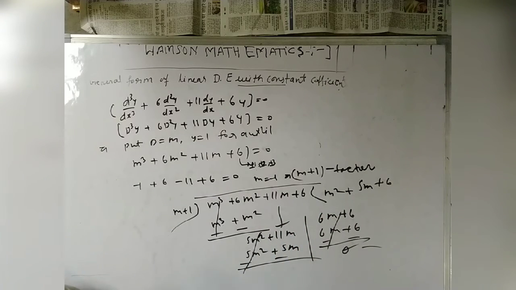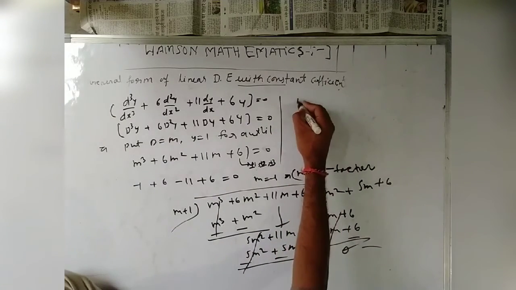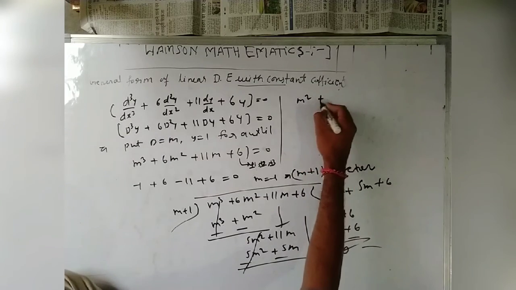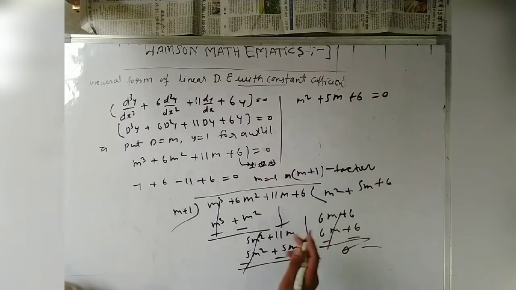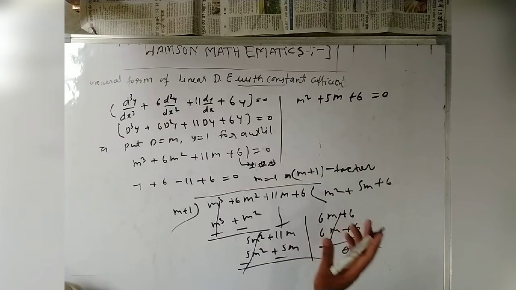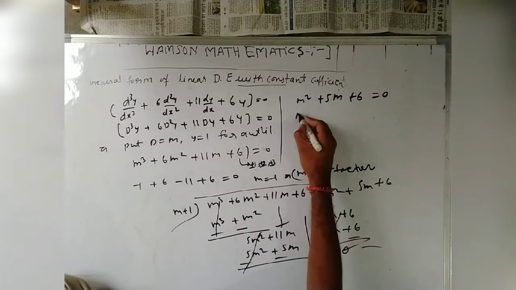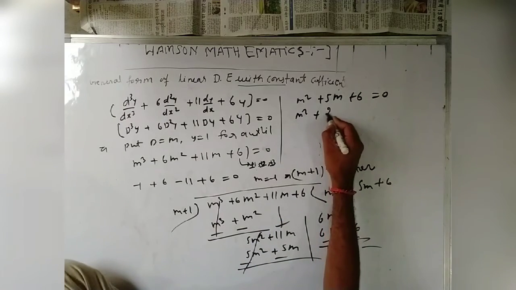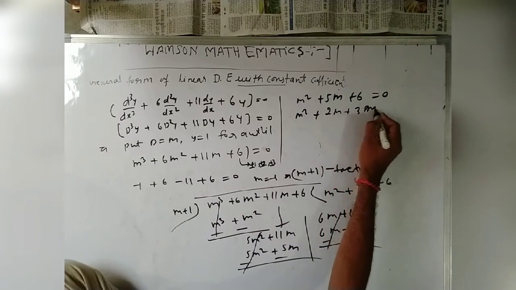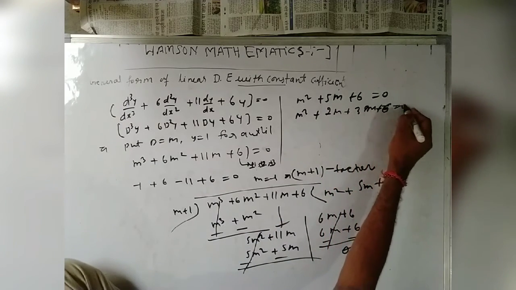So what will we get here: m square plus 5m plus 6 is equal to 0. To find the roots, m square plus 2m plus 3m plus 6 is equal to 0.